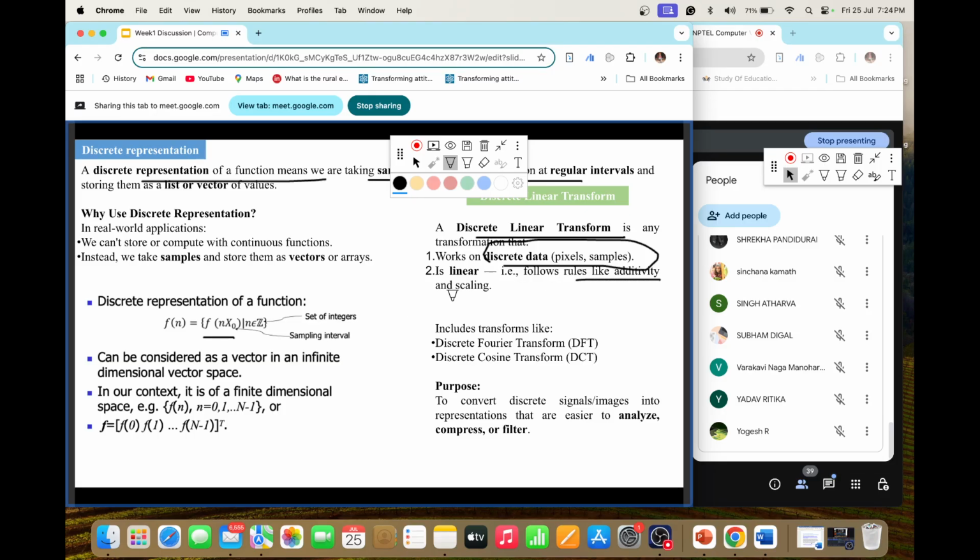Scaling is n times something, and additivity is a1 plus a2, a3. These are the two properties of the discrete linear transform. It has two important forms, the discrete Fourier transform and the discrete cosine transform. What is the purpose? To convert discrete signals and images into representations that are easy to analyze, compress or filter.